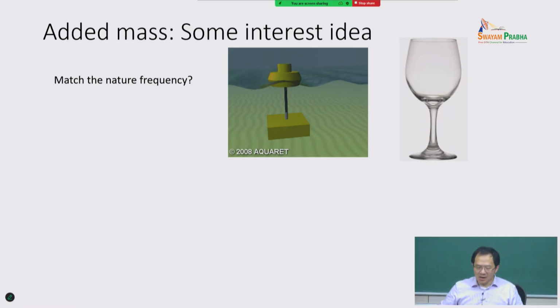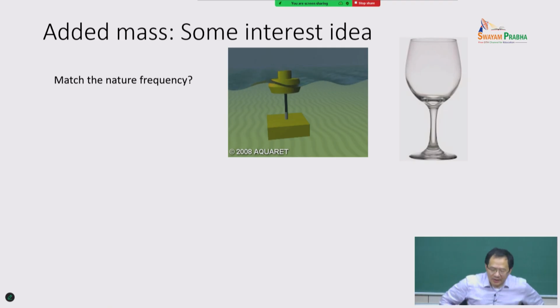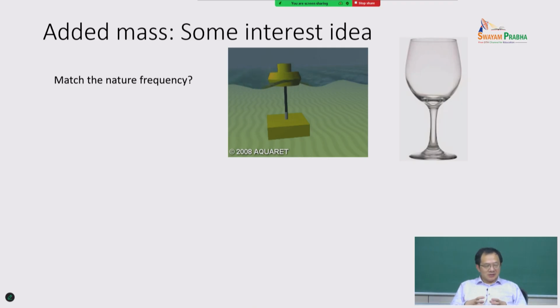Such an added mass concept can be positively used. This figure shows a buoy in the water. You see many cases where you have a small mass in the water, and the vibration frequency is very, very high. Why is it high? In the water, there is the added mass, the hydrostatic stiffness and the physical mass.